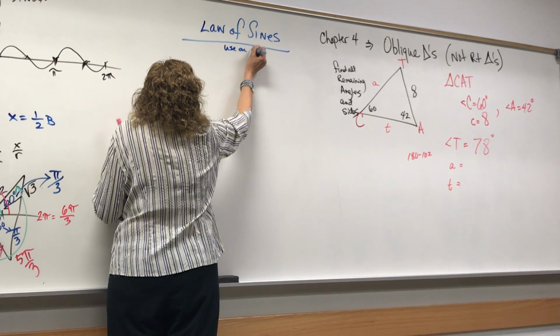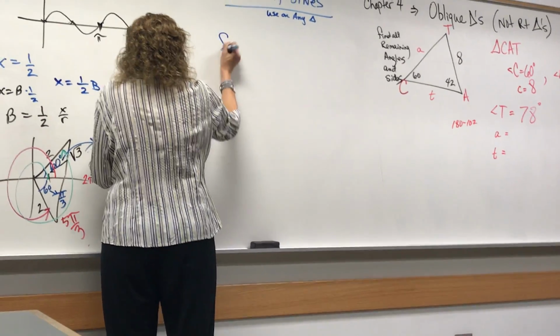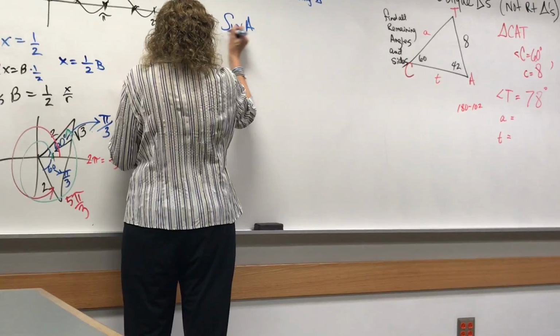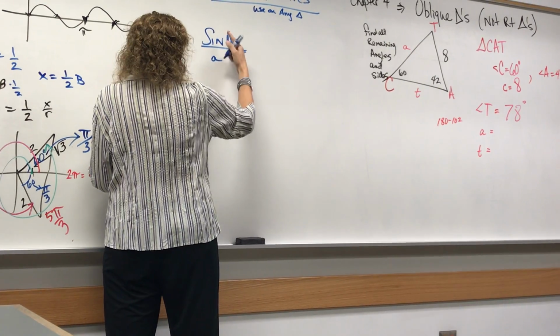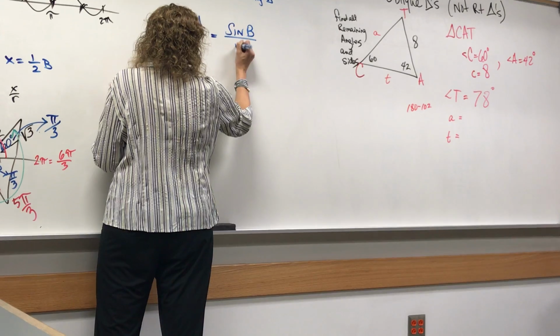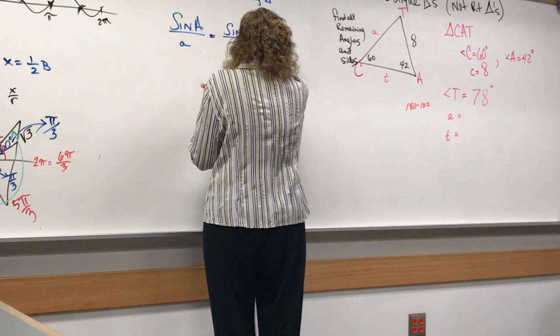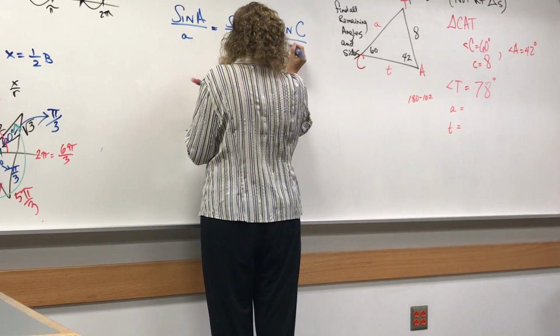It says that the sine of angle A over side A is equal to the sine of angle B over side B, which is also equal to the sine of angle C over side C.